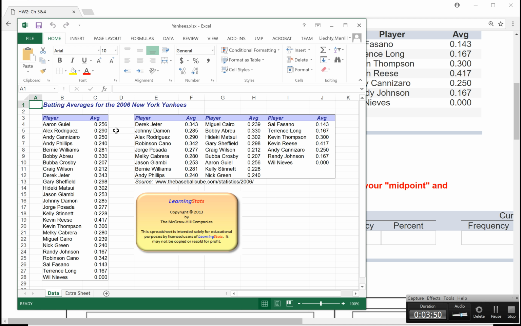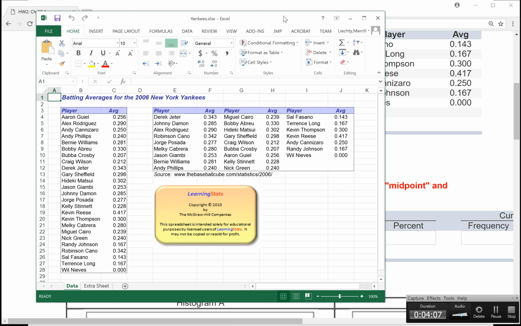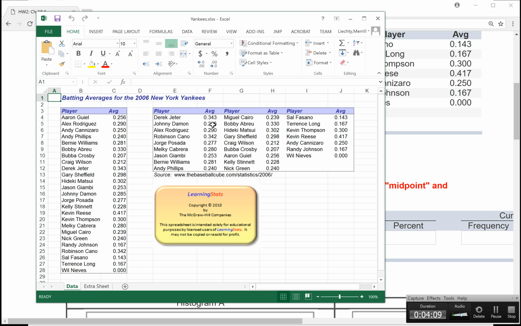Here the data is listed, I guess, alphabetically by first name. I see that same thing in the data file. Okay, so this one is listed numerically.